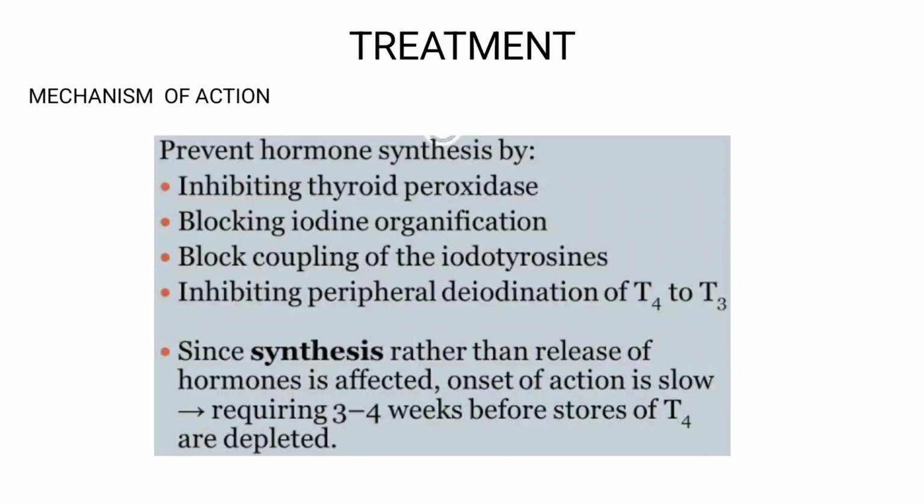So we can inhibit the conversion of T4 to T3, which is the active form. And since synthesis rather than release of hormone is affected, onset of action is slow and it requires around 3 to 4 weeks before stores of T4 are depleted. So if we start drugs based on these mechanisms of action, the effect can be seen 3 to 4 weeks after starting the drug.